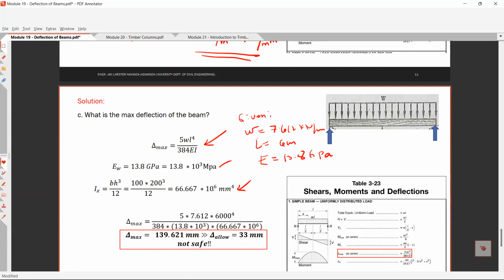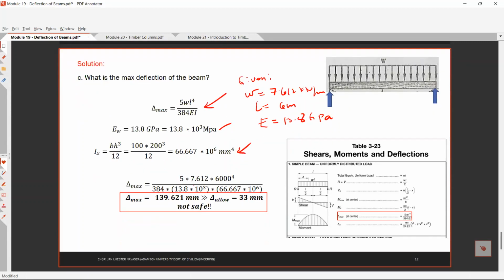Okay. So, ito, 7.612 is equivalent to kilonewton per meter. Tama? Yung L natin, 6,000. So, naka-millimeters to. So, millimeter raised to 4, naka-mm raised to 4. Okay. Yung E natin is in megapascal. Therefore, yung E natin ay naka-megapascal. So, that is Newton per millimeter square.